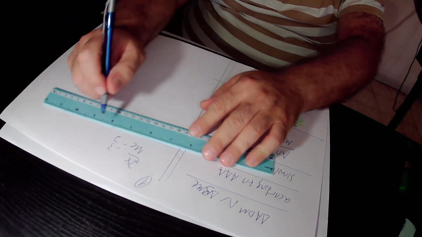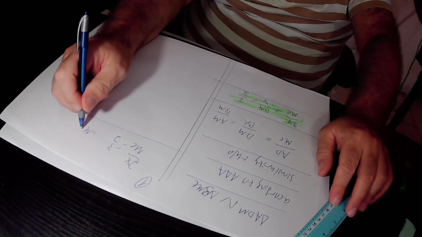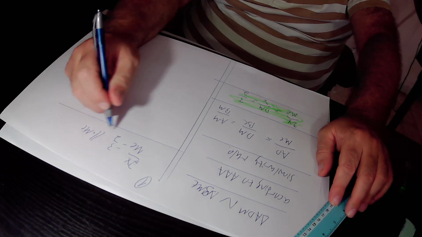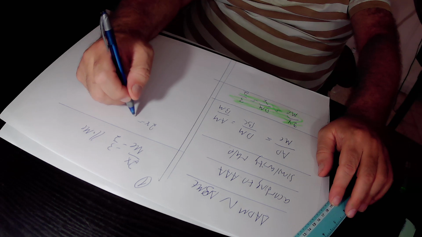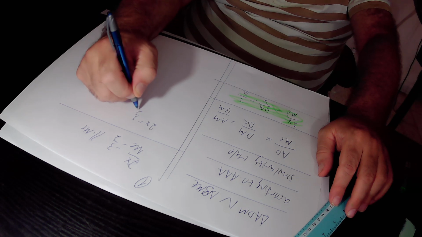Here we multiply this equation by MC, and we get that 2x equals 3 halves times MC.